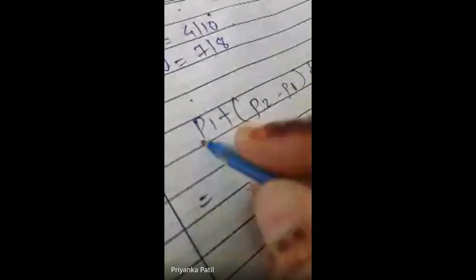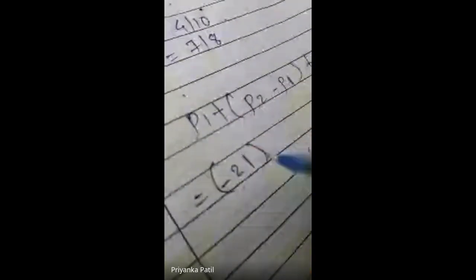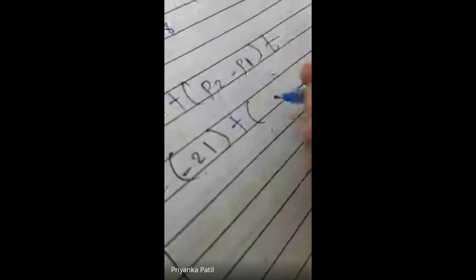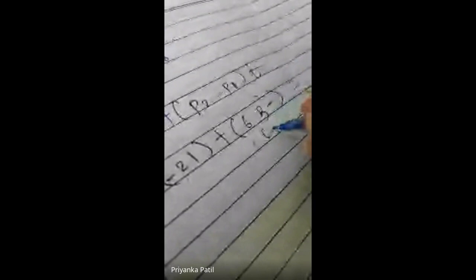What is the value of P1? Minus 2, 1. What is the value of P2? 6, 3. And what is the value of t? Here we have to select 4 by 10. And the value of P2 minus P1 is 8, 2.